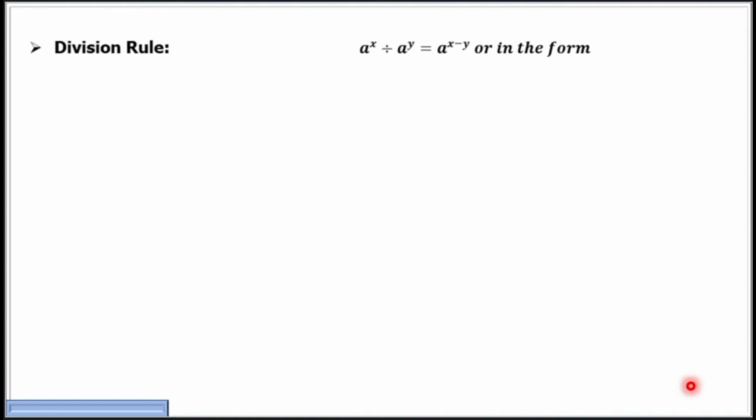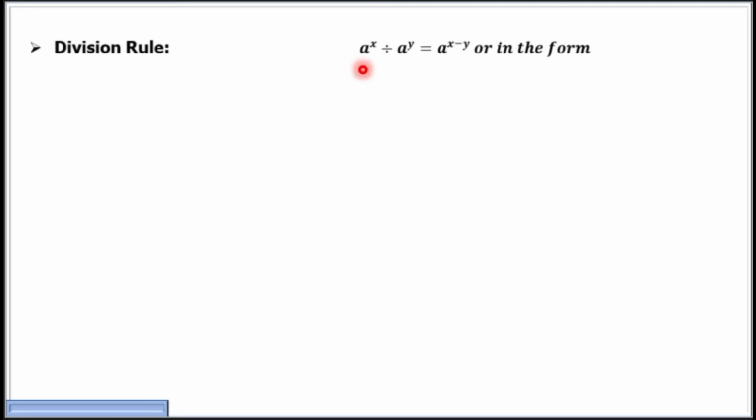We have the theorem here. A raised to the power of x divided by a raised to the power of y equals a, the same base, kopyaon na to. Then, division man ato nang minus ang exponents.